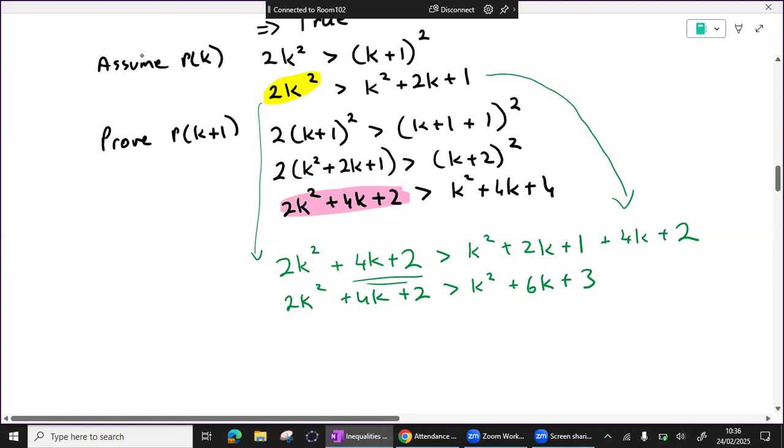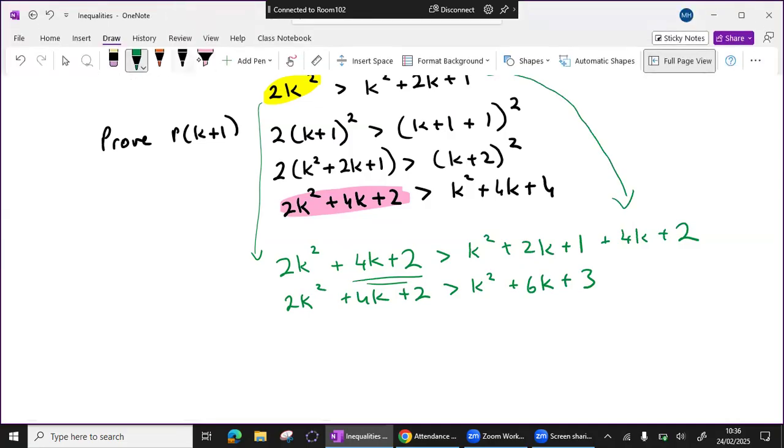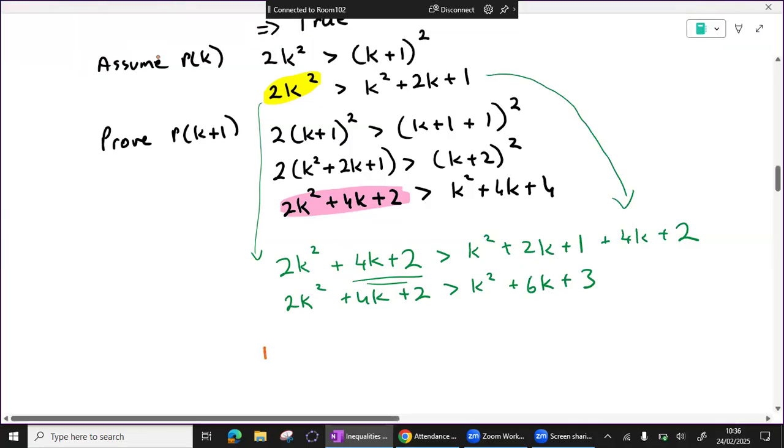Now, how do we piece it together? Well, we piece it together by saying this is true if, so this is my true if sentence. It is true if my adjusted assume, I'm calling this my adjusted assume because it's the assume sentence adjusted, is bigger than my prove sentence.